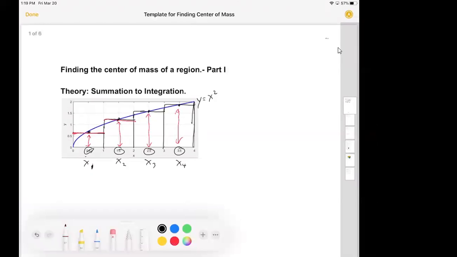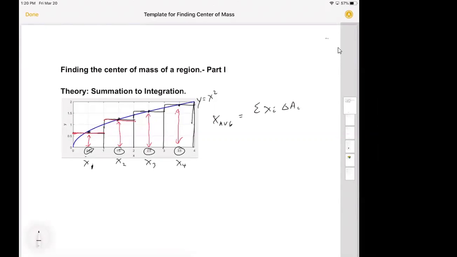In general, if we were trying to find the average position of x, we would say that x average is equal to the summation of the x of i value times delta A of i this time.